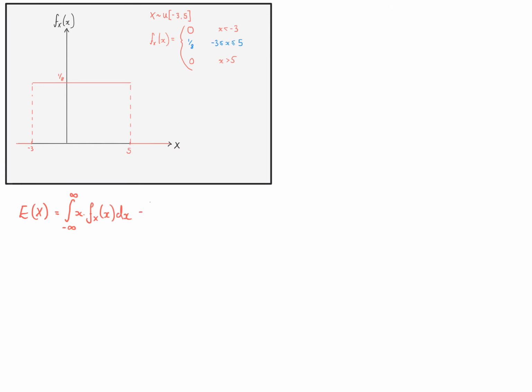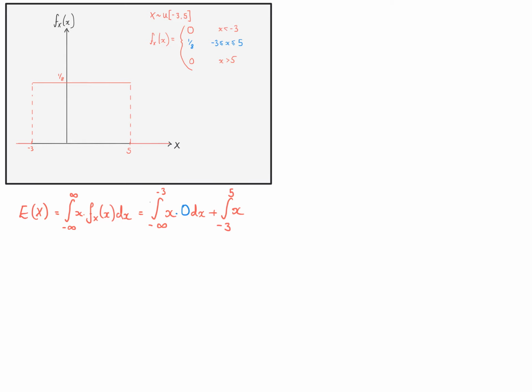So we can write our integral as being the integral between -∞ and -3 of x times our probability density function, which is just 0 here, plus the integral between -3 and 5 of x times our probability density function, which is just 1/8.